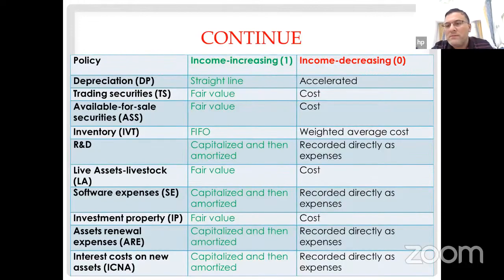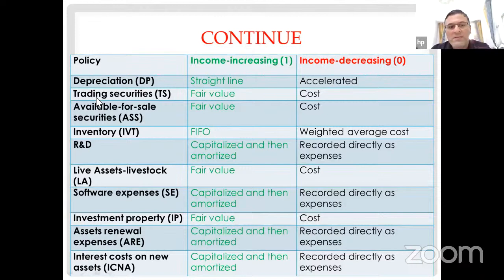Likewise for other transactions. Here I put some transactions, and for each transaction we have more than one method. For a first example, as I said, depreciation has two methods, straight line and accelerated method.